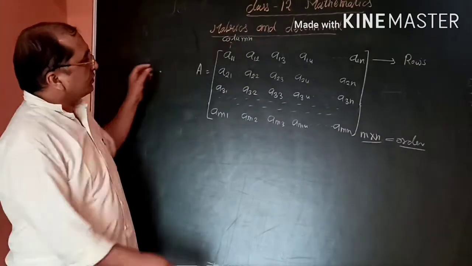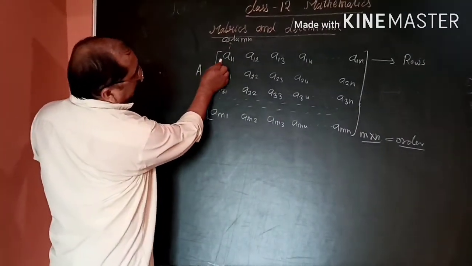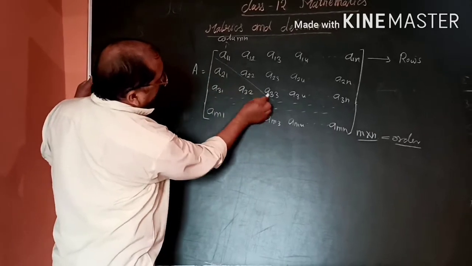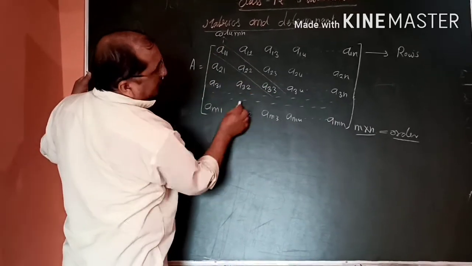I have written here also. Now see, the elements A11, A22, A33, A44, A55 and so on form what is known as the principal diagonal.